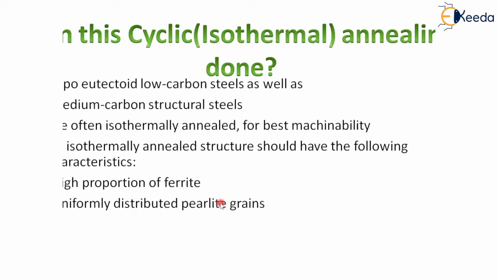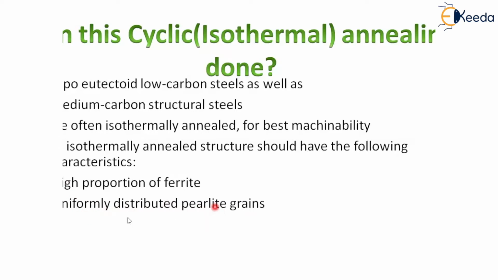If the pearlite grains are uniformly distributed in a particular material, it may be steel or cast iron, automatically we can say that the material will give the important properties required for machining or any other process. For molding, ductility is required. If you want to give ductility, pearlite is the main microstructure that we can see in any material. So here it is uniformly distributed.